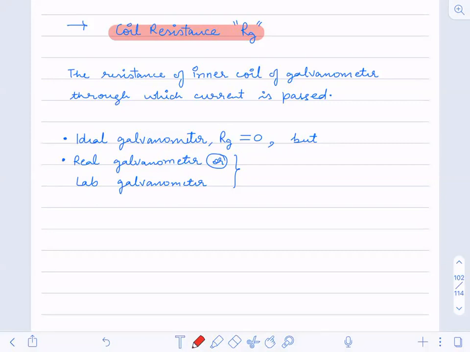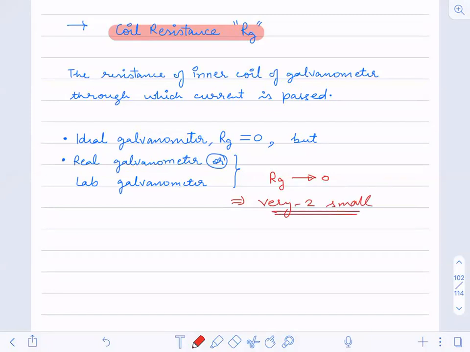So Rg has to be small, tending to 0, very very small.